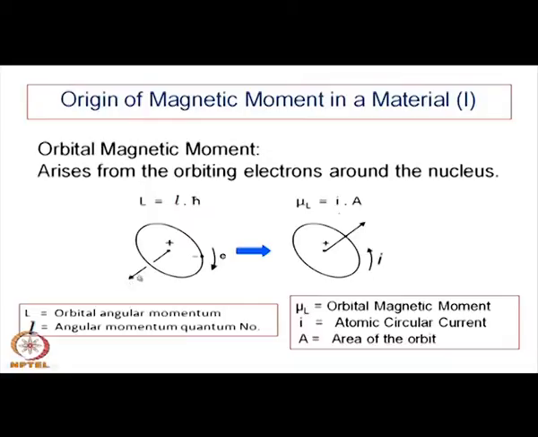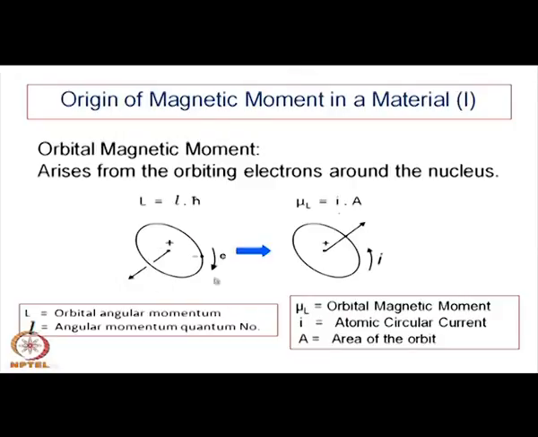If this is the current flowing in this direction, perpendicular to that will be the magnetic lines of force. And orbital magnetic moment arises from the orbiting of the electrons around the nucleus.